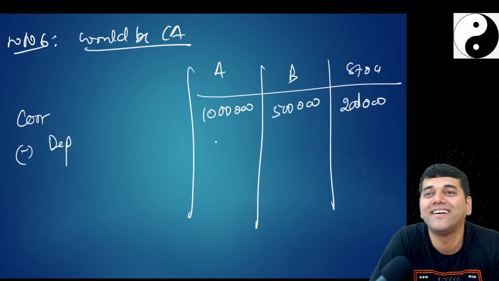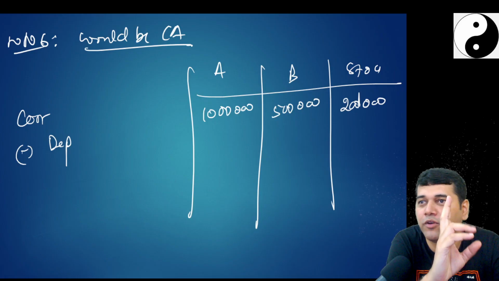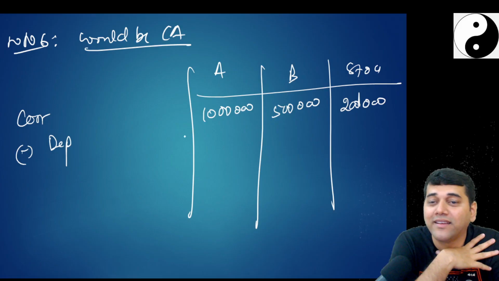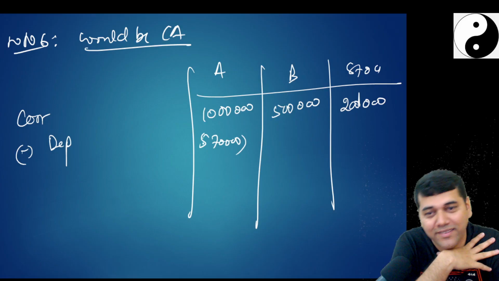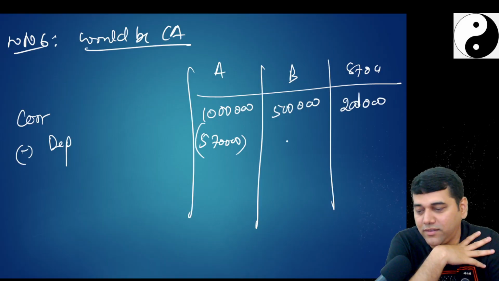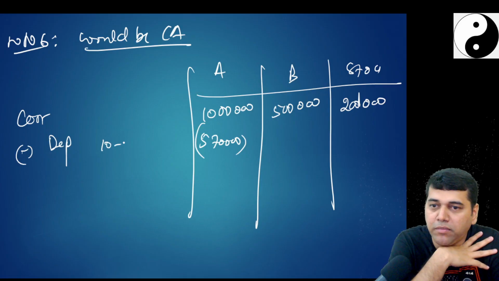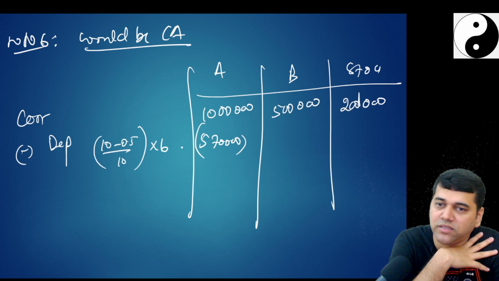Amount, I want the amount of depreciation. See, we are calculating the would-be carrying amount, and by this point of time, I hope you have understood it. 5 lakh 70. Yes, very good. So what is my next one? It is 10 minus 0.50 divided by 10 years into 6 years.